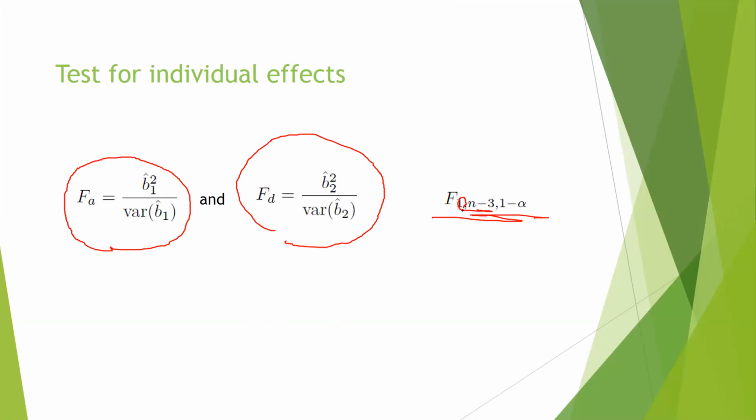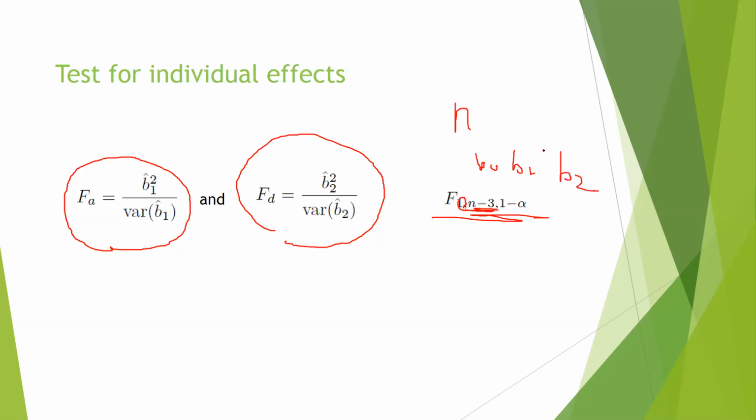So why does the second degree of freedom equal n minus 3? Can anyone tell me? Because we have n data points, that's the initial degree of freedom. But here we estimate how many parameters? B0, B1, and B2, right?